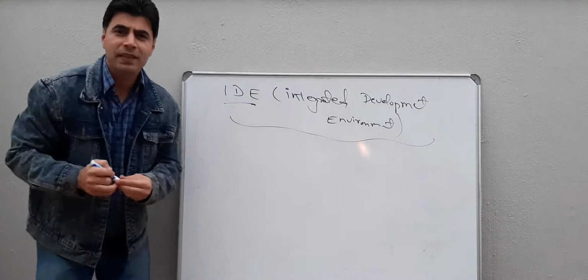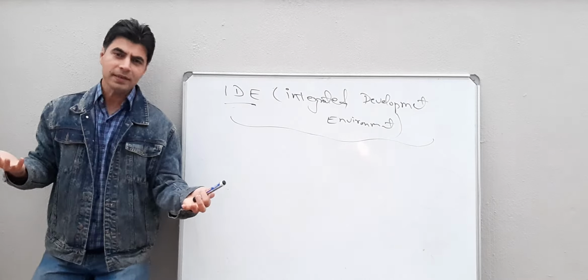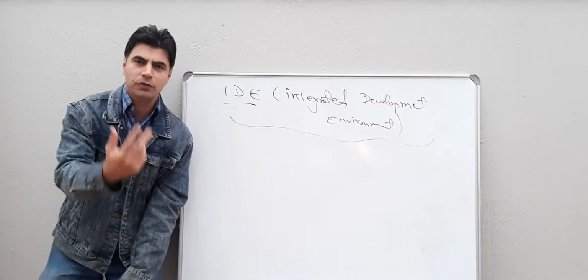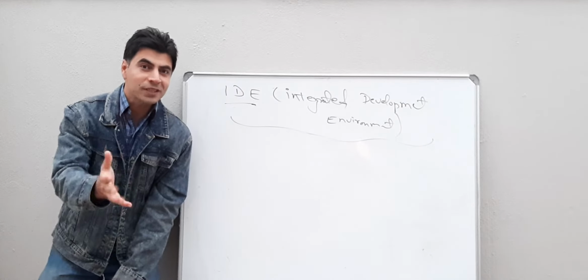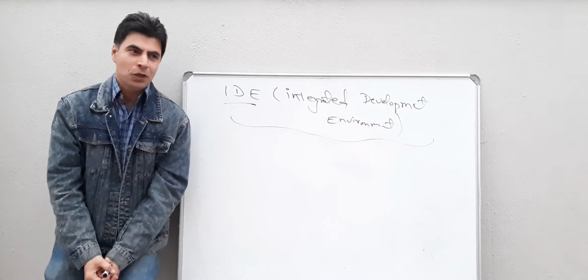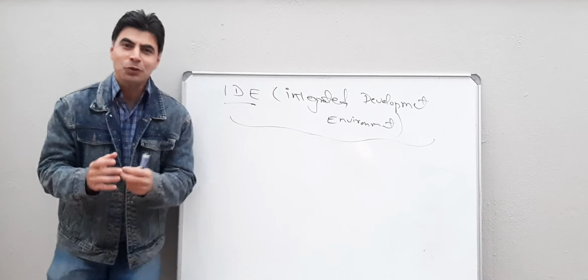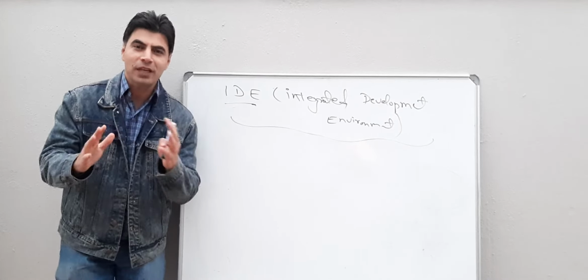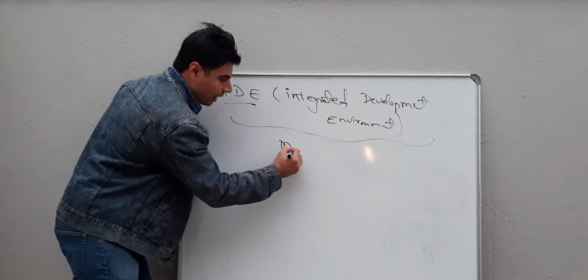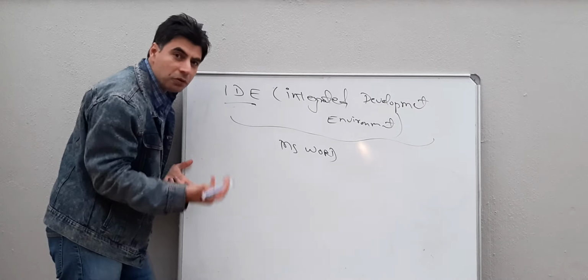Look, everything we use on the computer, most of the things are softwares, right? You get two types of people, those who use the softwares and those who create the softwares. But to make a software you also need a software. As an example, MS Word is a software that you use.